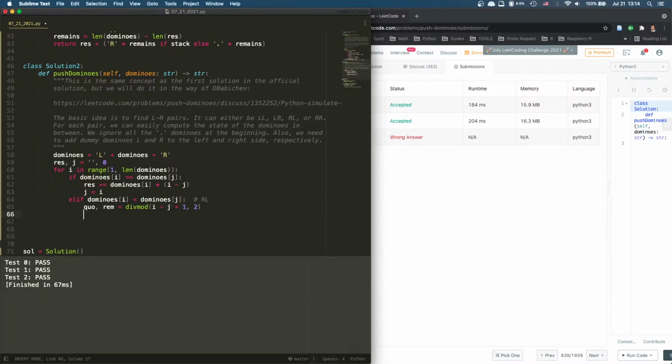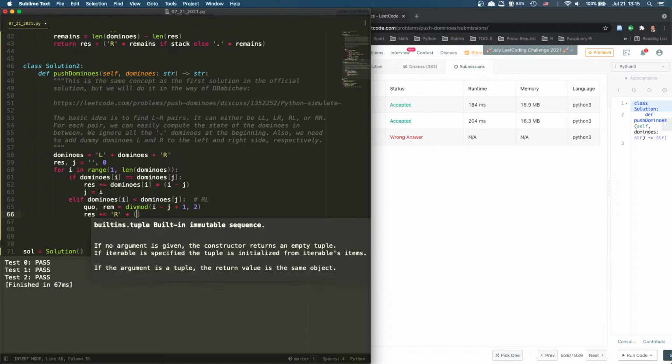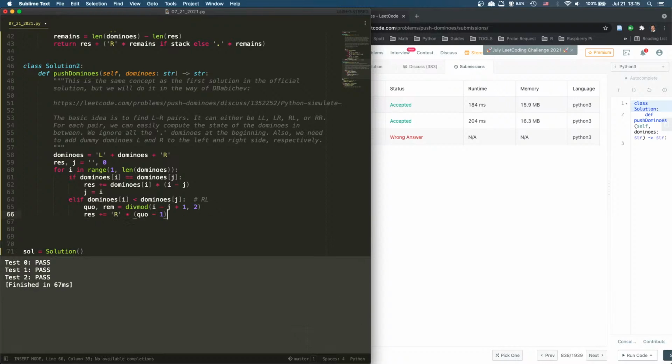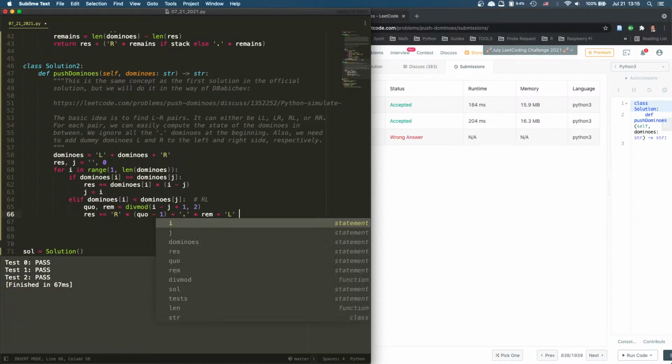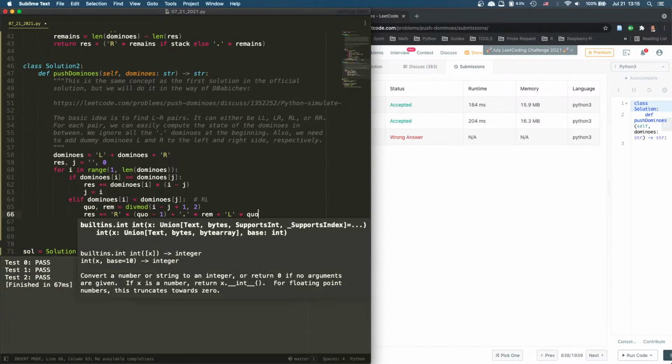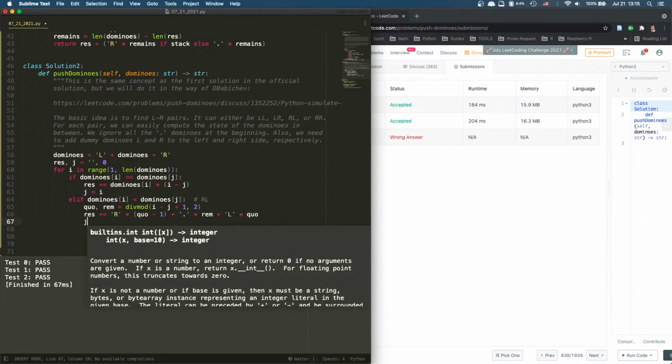So when we add, res plus equal to R times quotient minus 1, because we already did it, plus this times remaining, and plus L times quotient. So that is the right side. We're including L. And after we do that, J equals I.